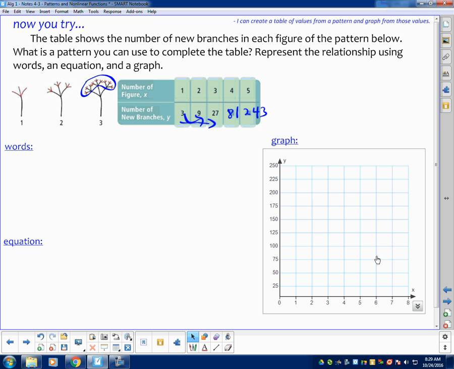Okay, so let's see if we can describe in words what's happening here. Each time we extend from one figure to the next, the number of branches triples.